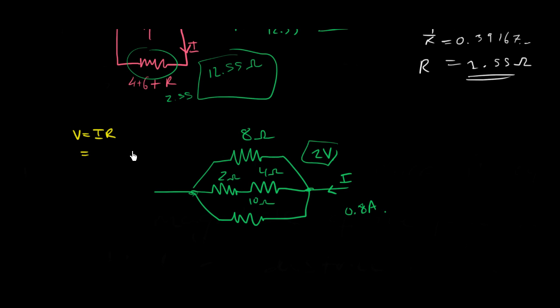We get the current, which is an unknown current, which we want to find out. So let's do I equals V over R. That's the potential difference across the whole resistor, which is 2 volts. In the three branches it is 2 volts, so that's 2 over the resistance, which is 8. So that is equal to 1/4 of an amp, 0.25 amps going through that one.